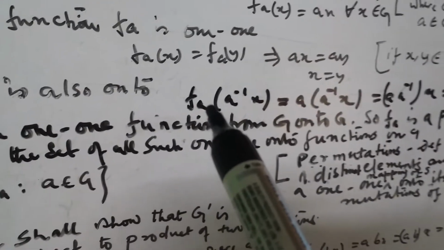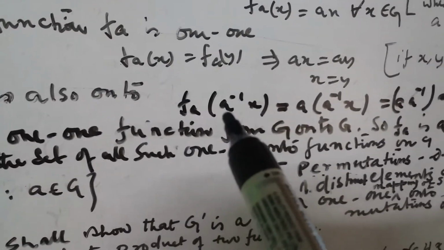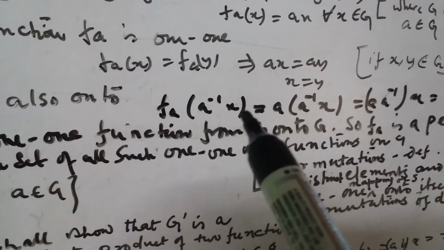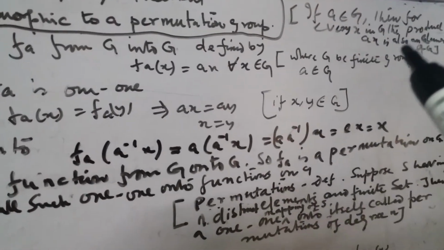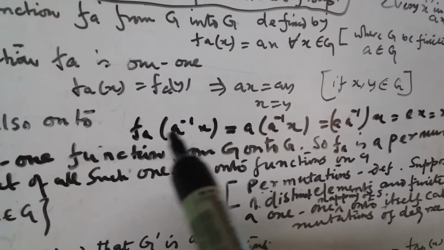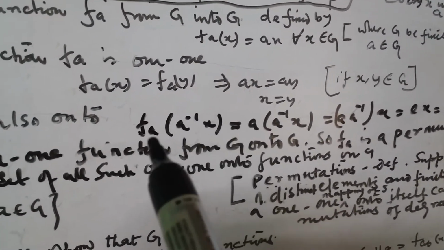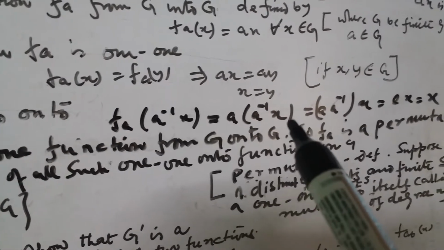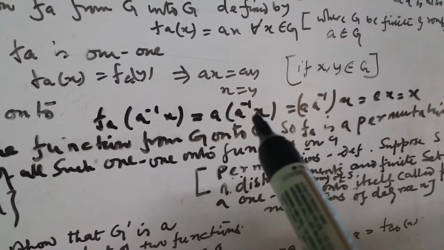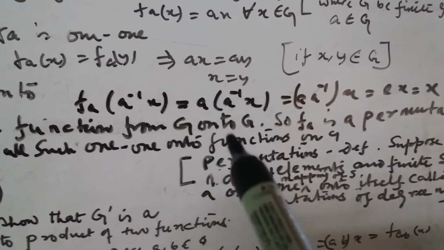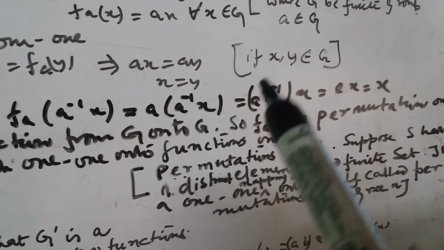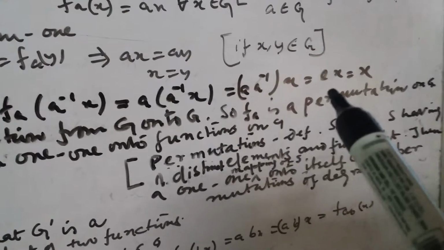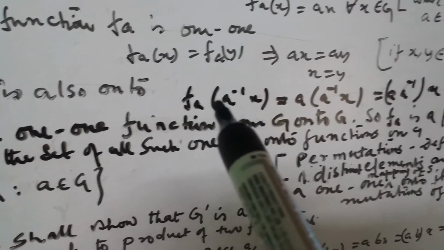Then I prove onto. Take a inverse x, so you can write f_a(a inverse x) = a(a inverse x), and after the associative law, this is (a a inverse)x = ex, so this is equal to x. So it is onto.